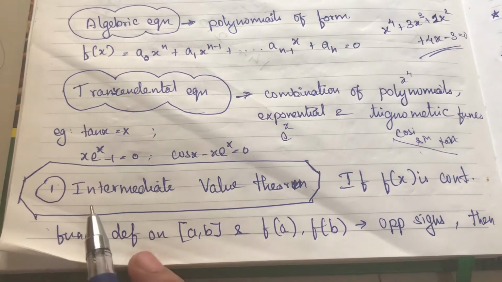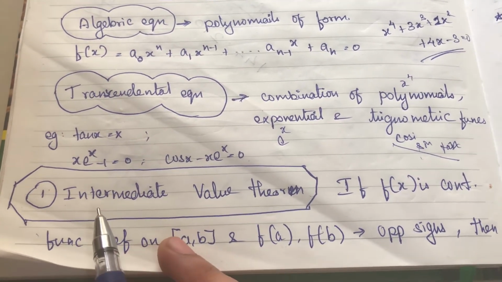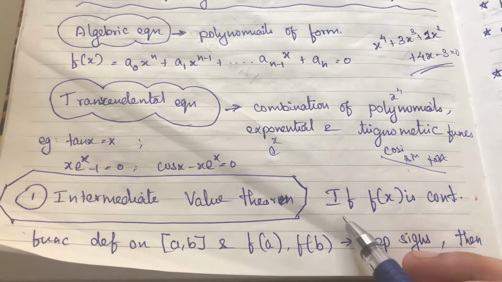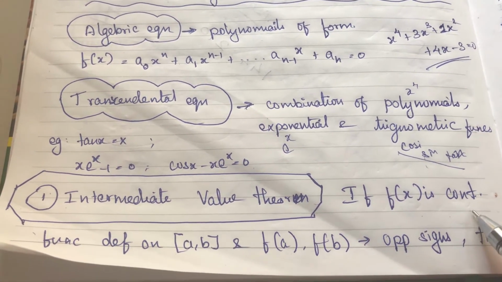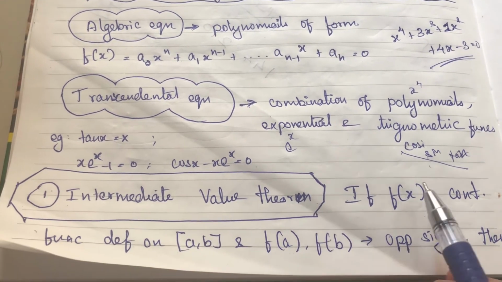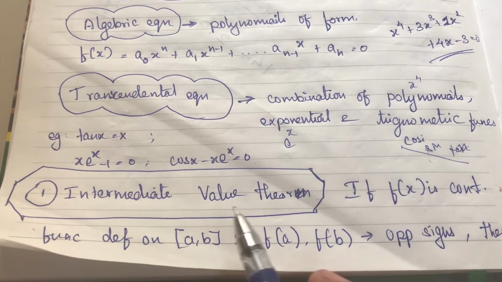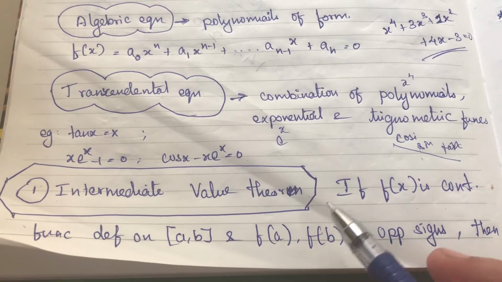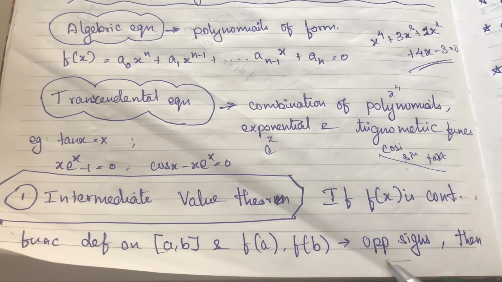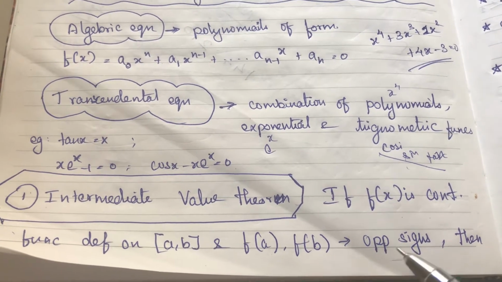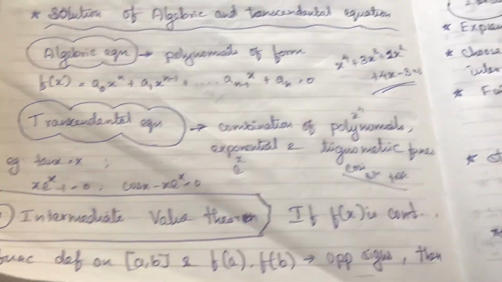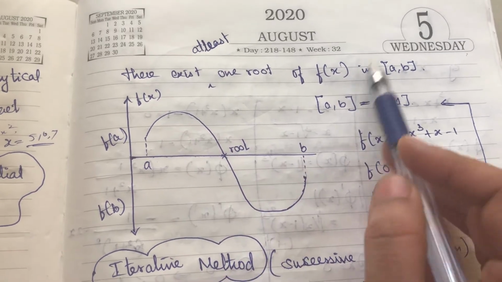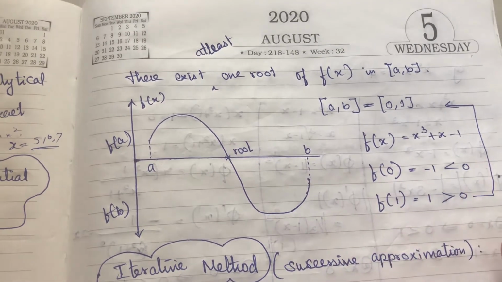And the first theorem we're going to see is the intermediate value theorem. If f of x is a continuous function defined in the interval a to b, and f of a and f of b have opposite signs, then there exists at least one root in between this interval.